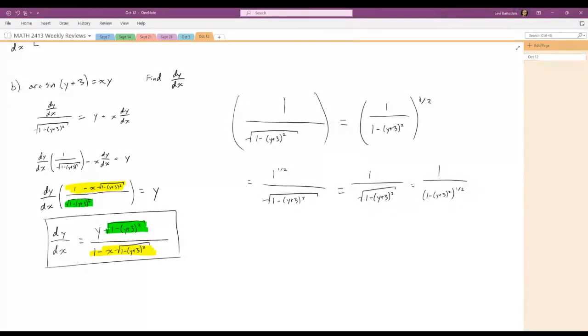Oh, you mean after the first step? Okay.